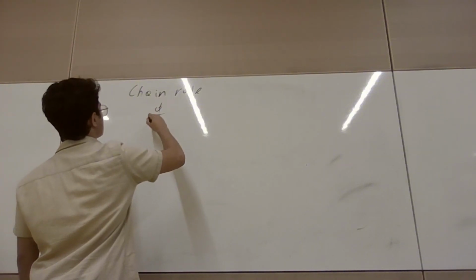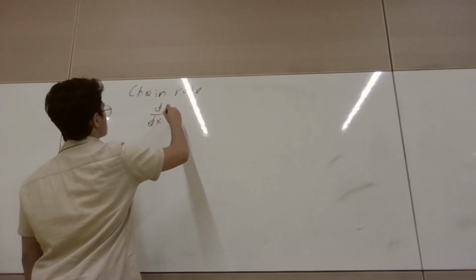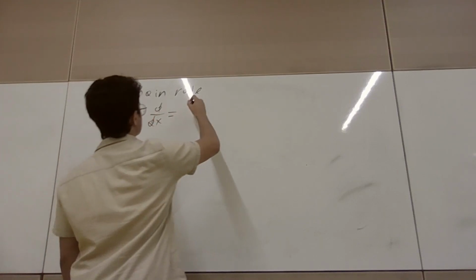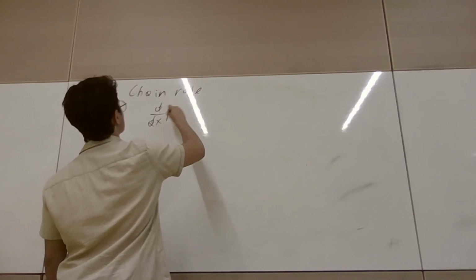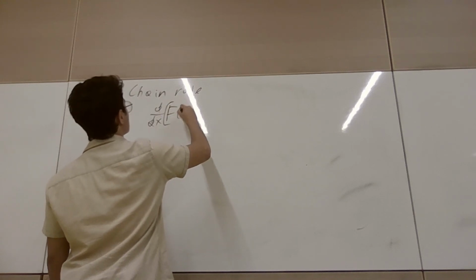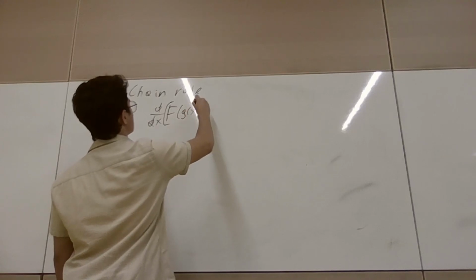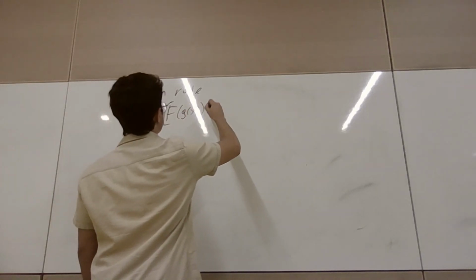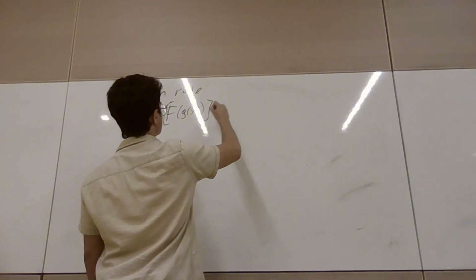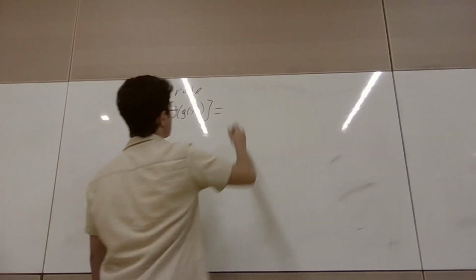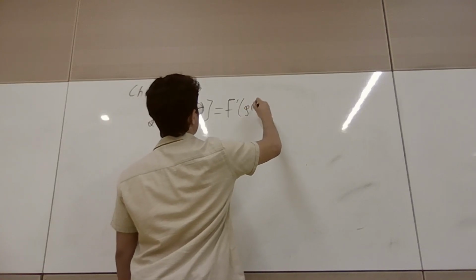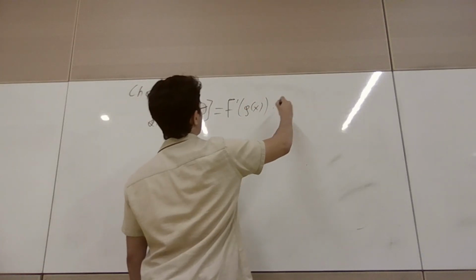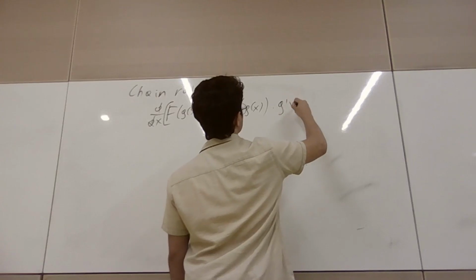It's the derivative of a function inside a function, f(g(x)) for example. So what's the derivative of this? It's f prime of g(x) multiplied by g prime of x.